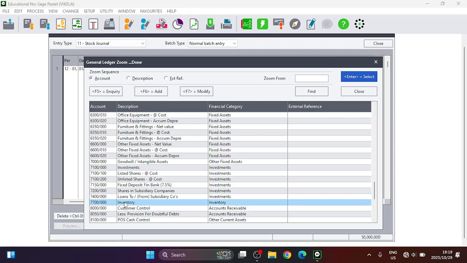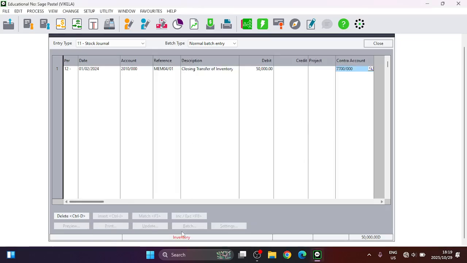So we now credit inventory, which means we have removed the stock from the balance sheet and we have now brought it into the income statement or statement of comprehensive income by using the account called opening stock. So simply put, you debit opening stock, putting the figure on the debit side, and you credit trading inventory or trading stock, whatever is stated in your question.